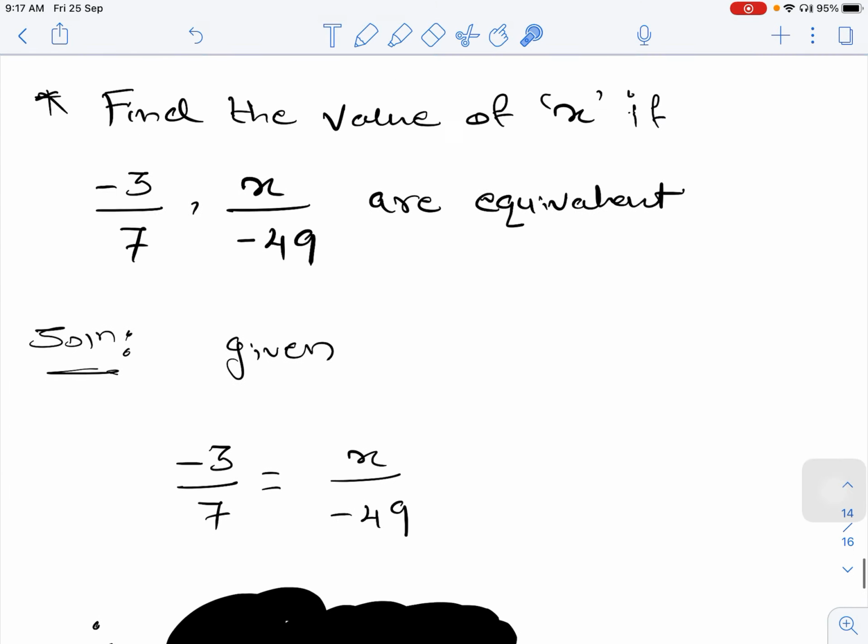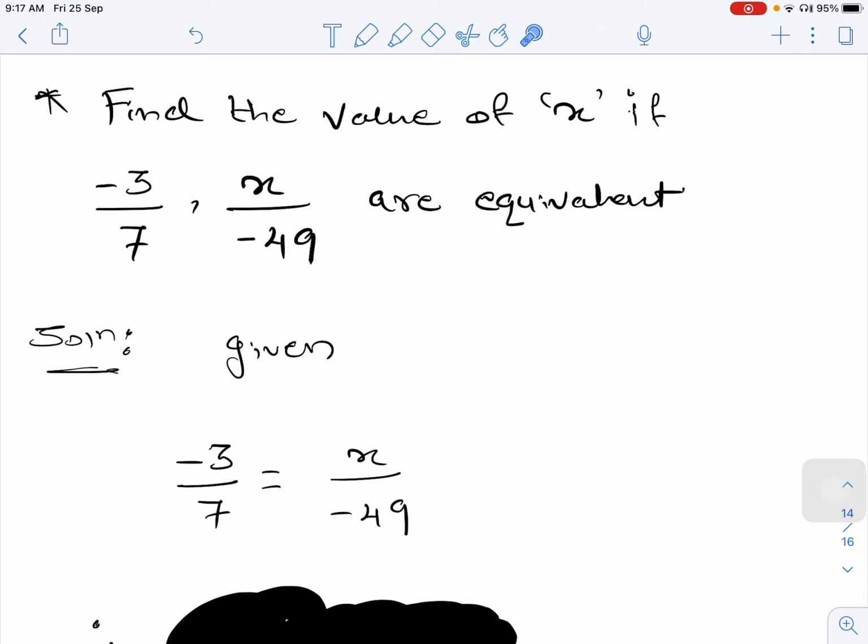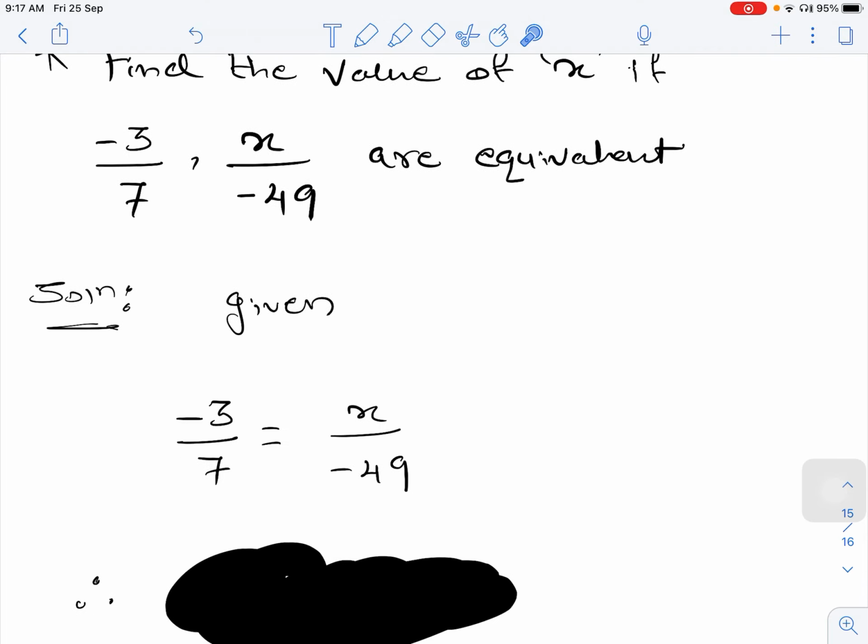Okay, so now next question. Now here it is given: find the value of x if minus 3 upon 7 and x upon minus 49 are equivalent. Okay, so now here it is already given that these both numbers are equivalent, so we can write an equal to sign in between them.